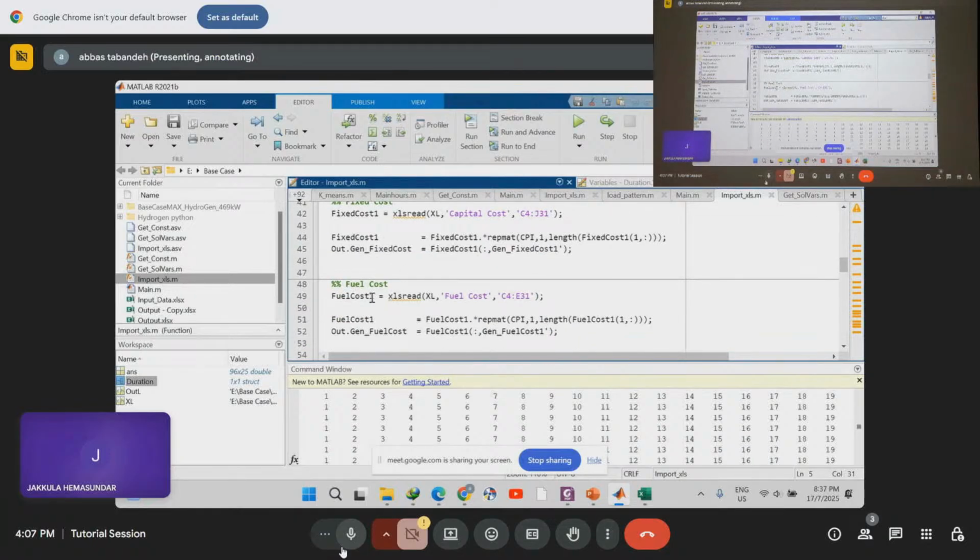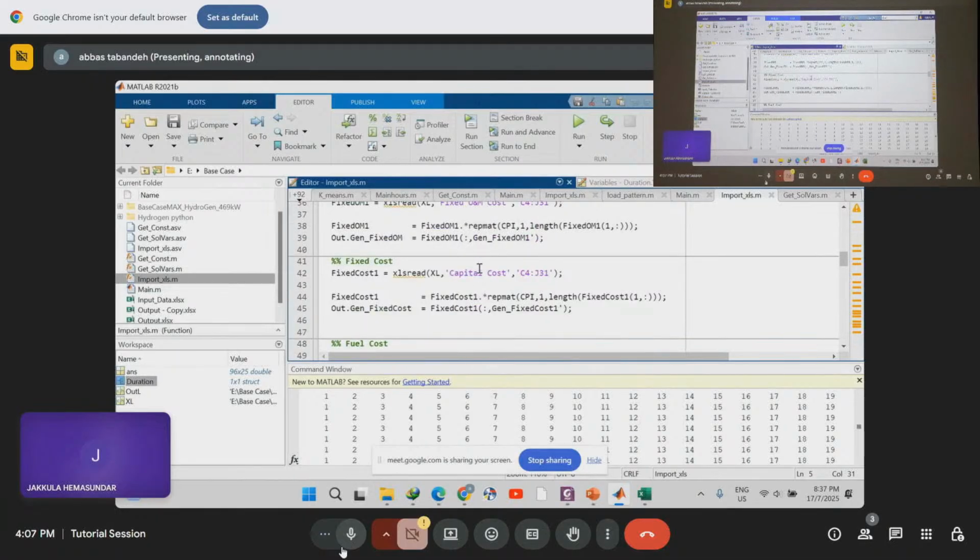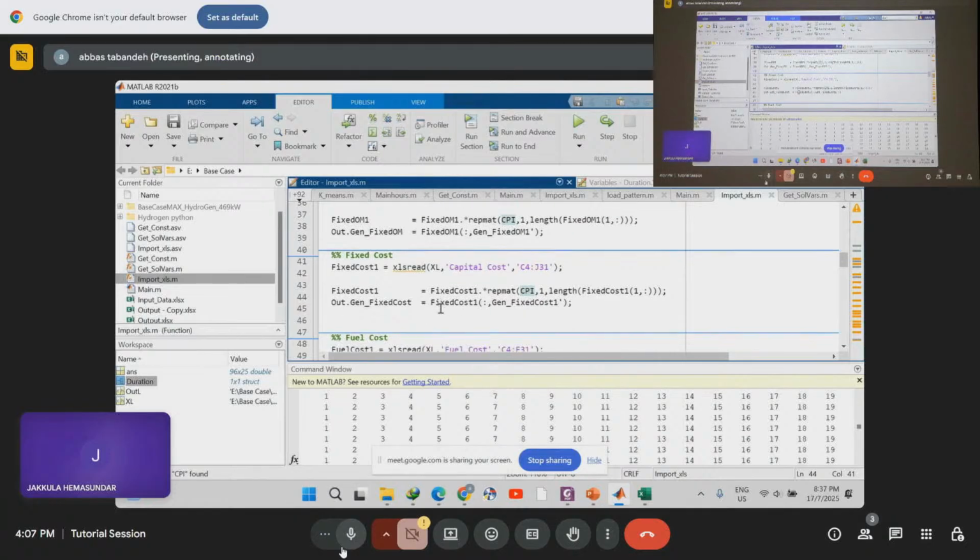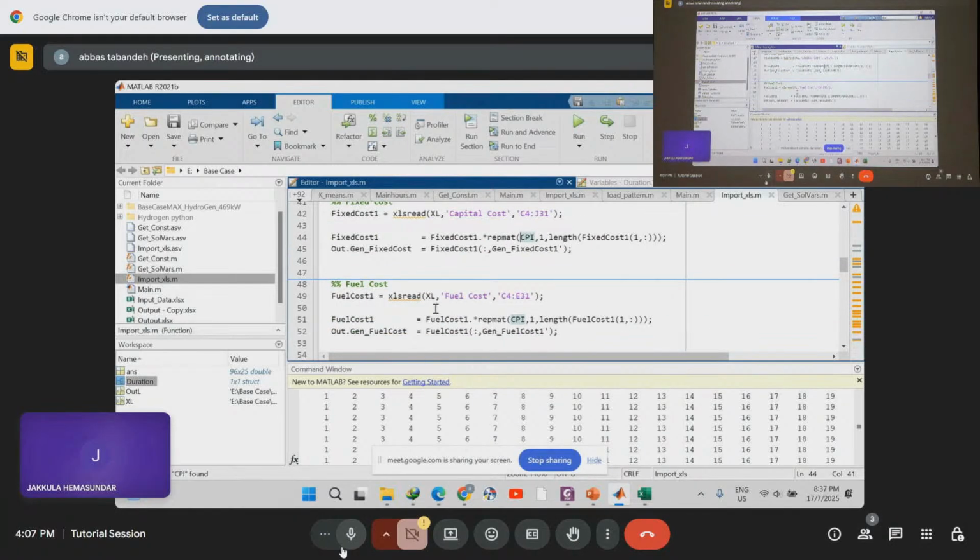And fuel cost, we will read every table in our Excel sheet. As you can see, we have considered the CPI in our capital cost because we want to multiply it by the size of technologies.